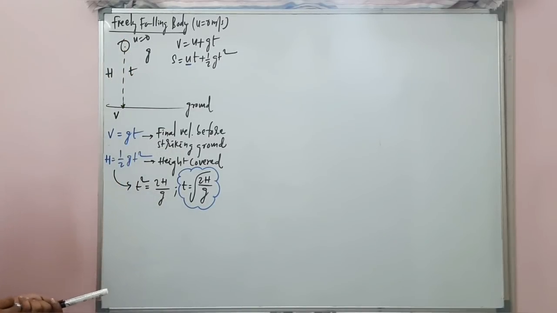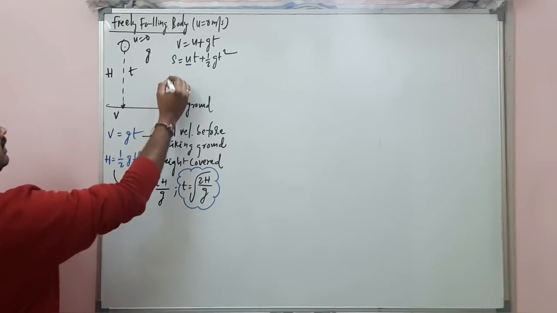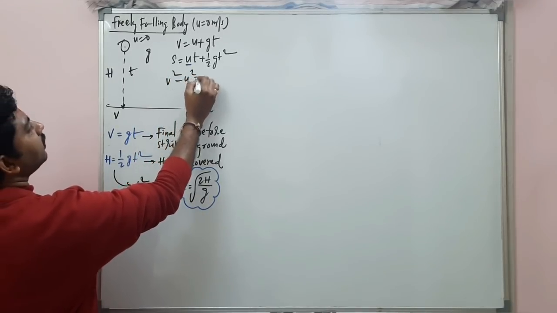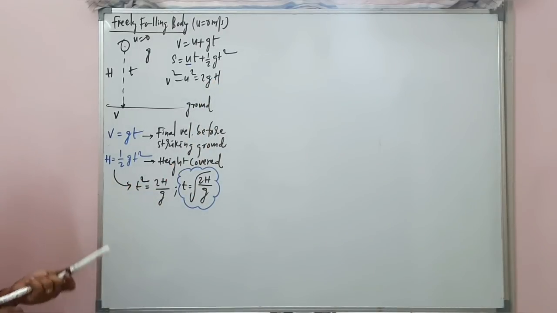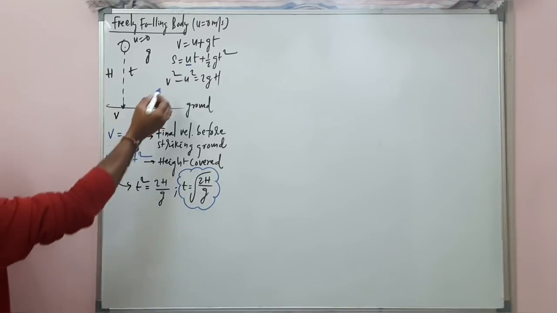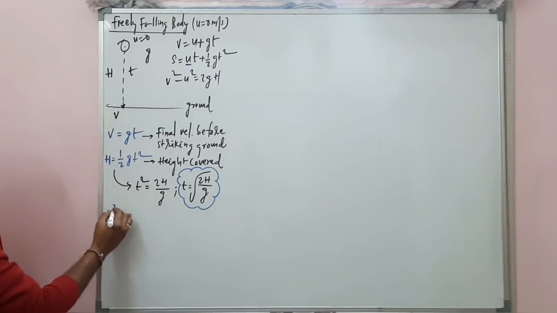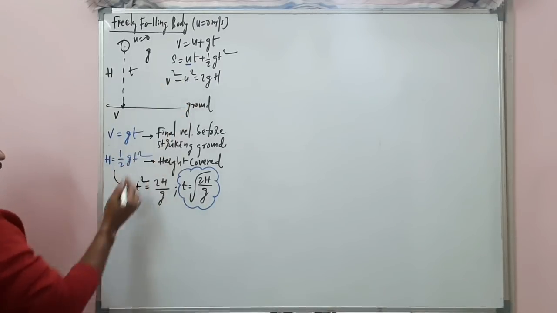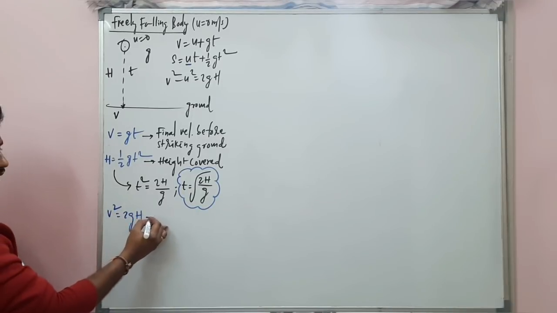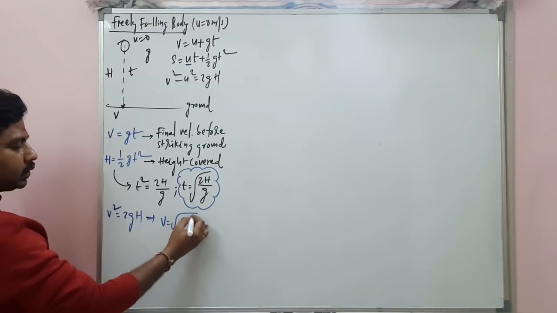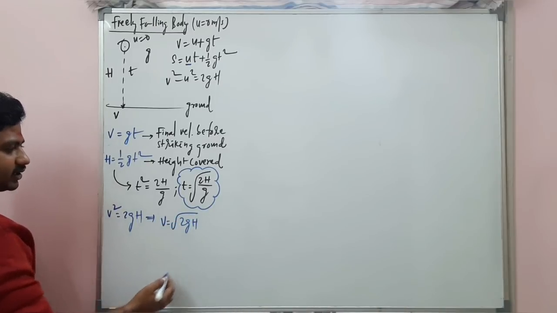Now, one more important thing, let's use v square minus u square is equal to 2gh formula. What is the equation you get? Let's find out. v square is equal to, anyway, u square is 0. v square is equal to 2gh. Right, from here what I can write, v is equal to root 2gh.